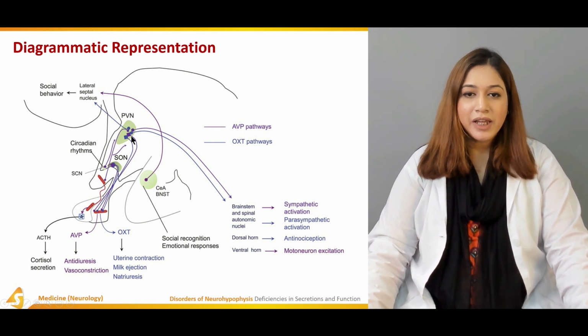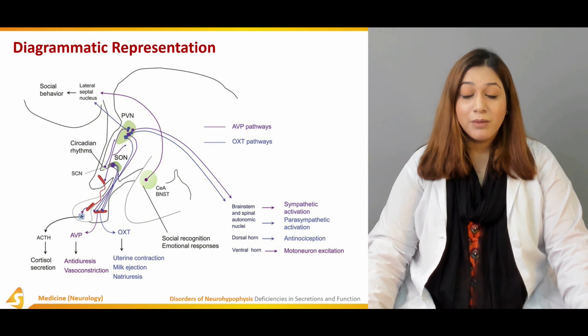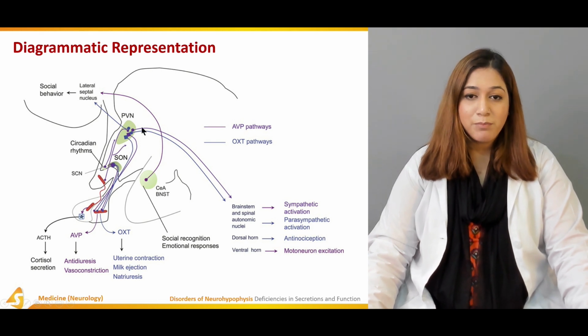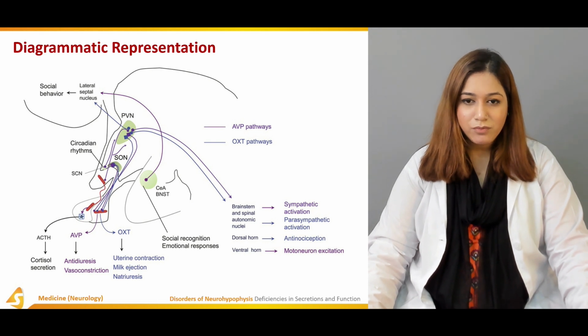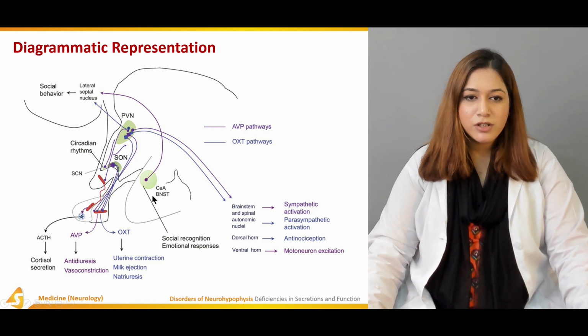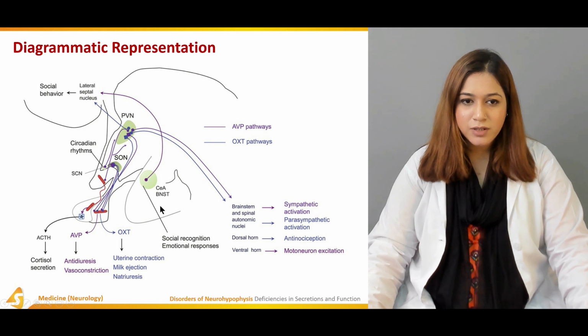Now, oxytocin and AVP are synthesized in the large magnocellular and small parvocellular neurons of the paraventricular and the supraoptic nucleus. AVP is also expressed in neurons in the suprachiasmatic nucleus, the central nucleus of amygdala, the bed nucleus of stria terminalis, and other regions.